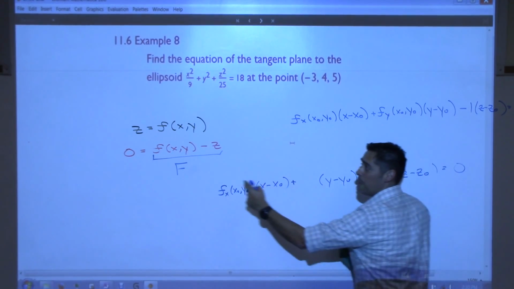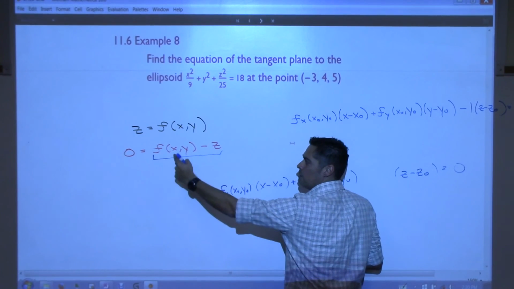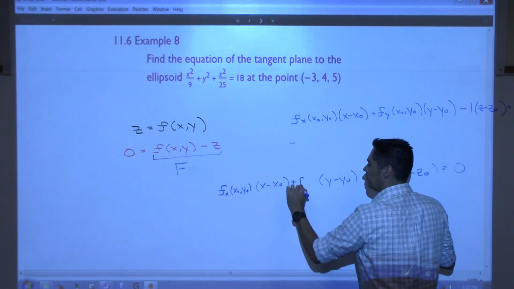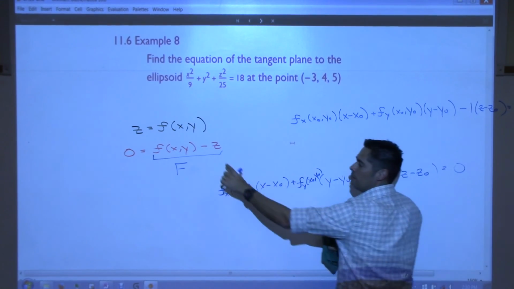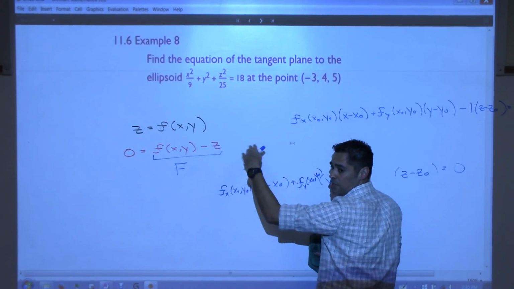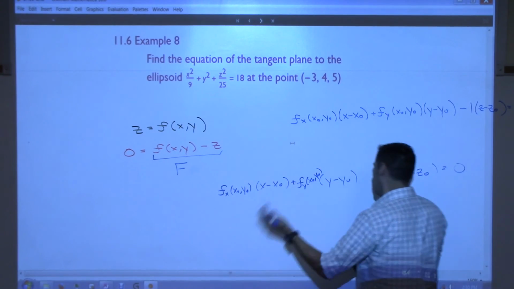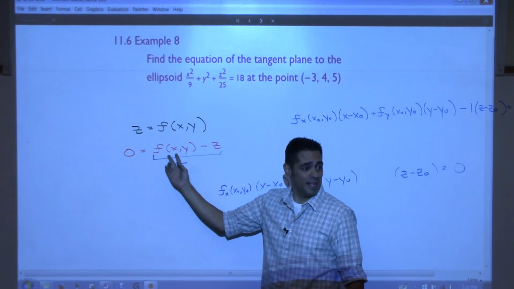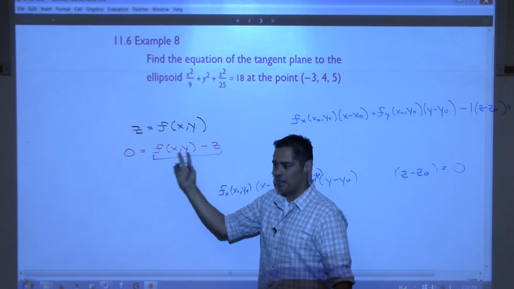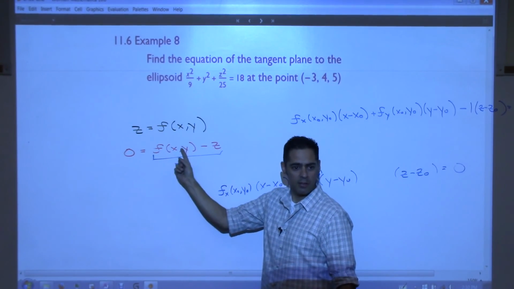What's the partial of capital F with respect to y? It's the partial of this with respect to y at x naught, y naught, minus the partial of z with respect to y, which is 0. Okay, move on. What's the partial of this with respect to z? It has no z's in it. That's a function of x and y, so it's 0.